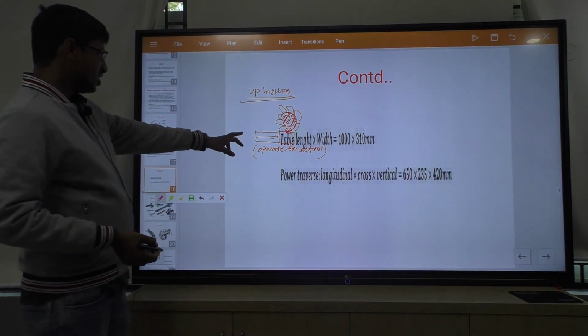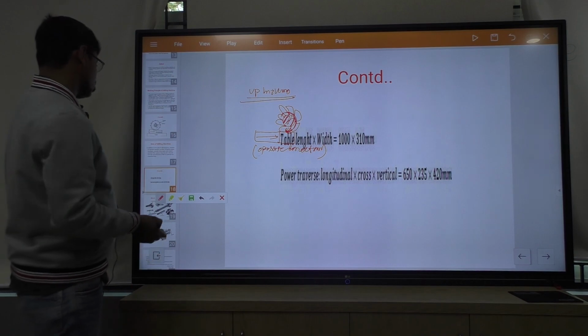Then what are the advantages and disadvantages of these milling actions?